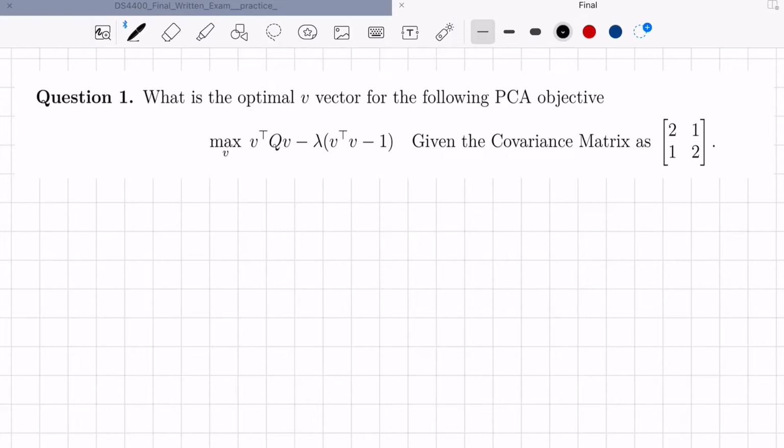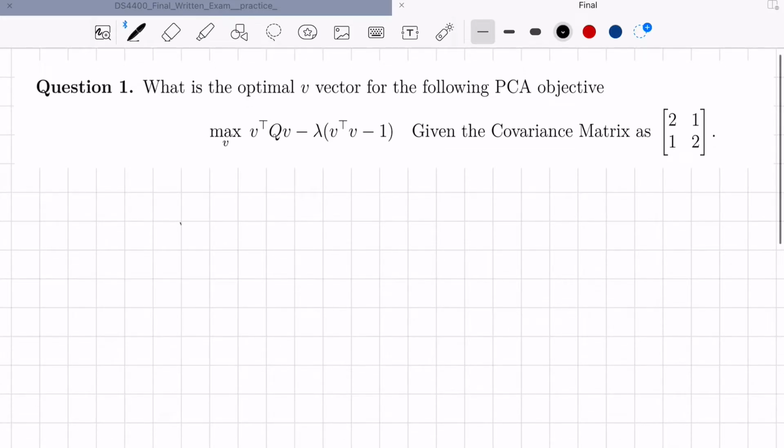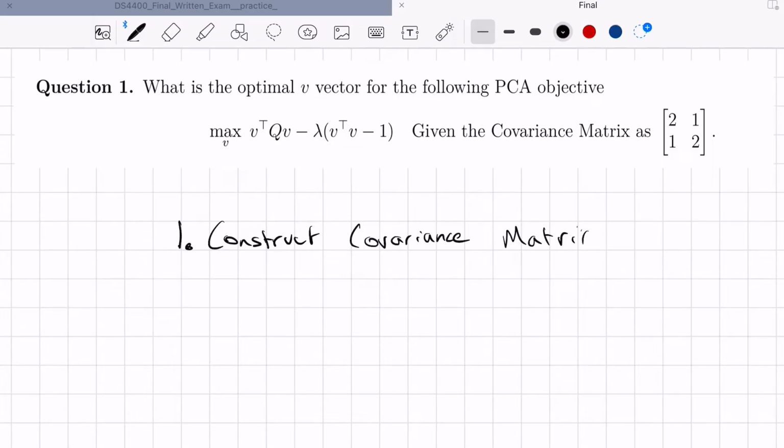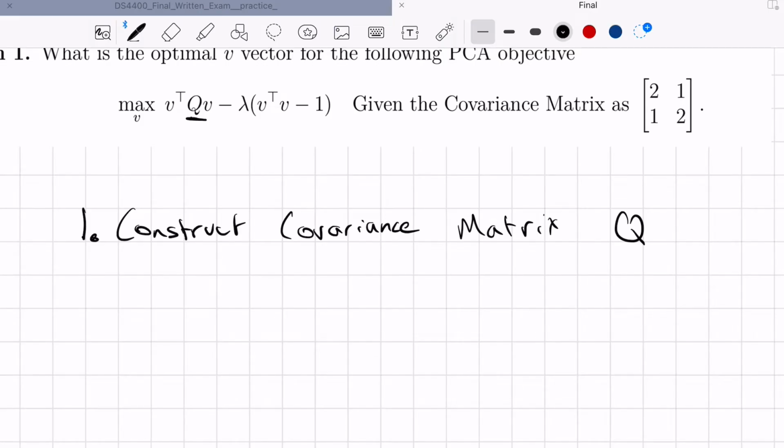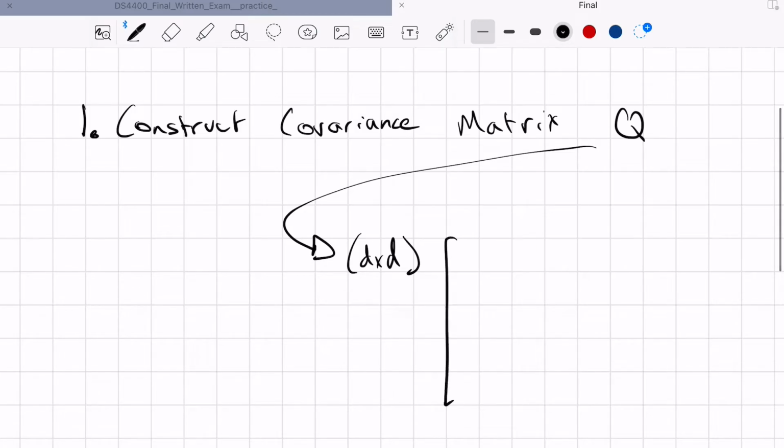So the first step of PCA is we have all of our original data, and we construct a covariance matrix. I'm going to call this Q, just like it's called up here. If I have D features, my covariance matrix is going to be D by D, with D rows and D columns.